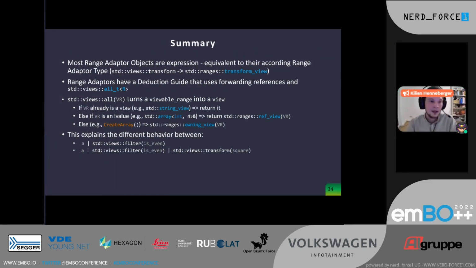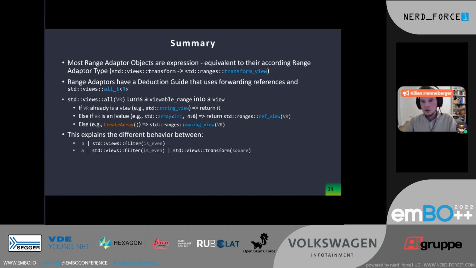And std views all takes a viewable range and turns that into a view, and it does that by checking: is it already a view, like string view, then it returns just that one. Is it an L-value, then it returns a ref view over that L-value, and if it's an R-value, well, then it will be an owning view. And this explains the different behavior between these two otherwise very similar looking cases.